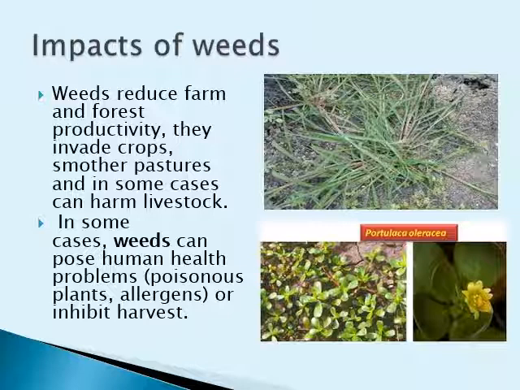They can create allergy problems even in human beings, as well as inhibit the harvest. Now what is harvest? Harvest is a process when grains are mature and are cut. So when these weeds grow with a good crop or the desired plant, it affects the harvest process and creates a problem for the good crops.